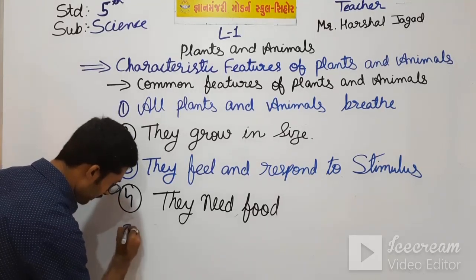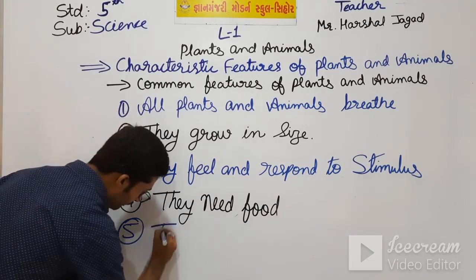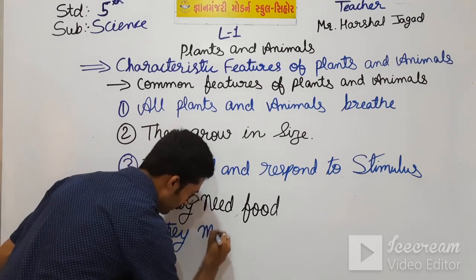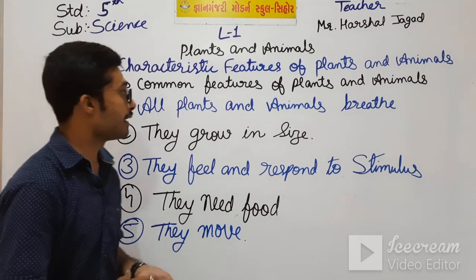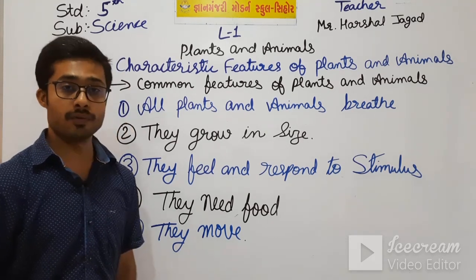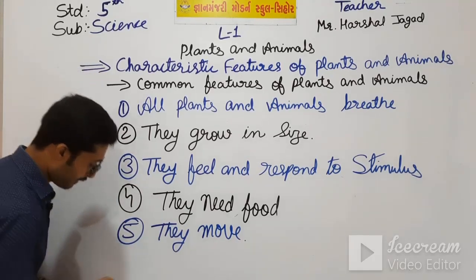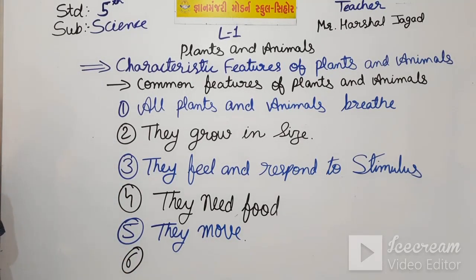Fifth point, they move. The fifth point is the plants and animals move, okay, and the sixth point, they produce young ones of their own kind.